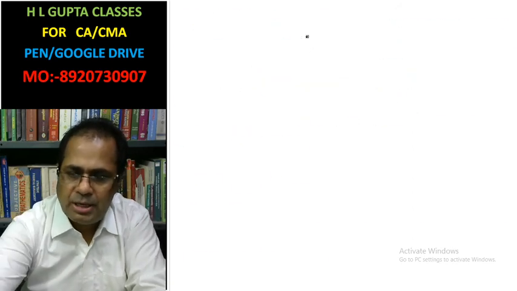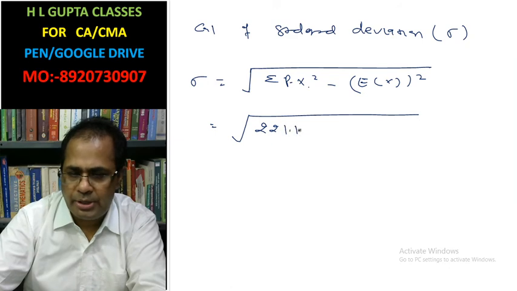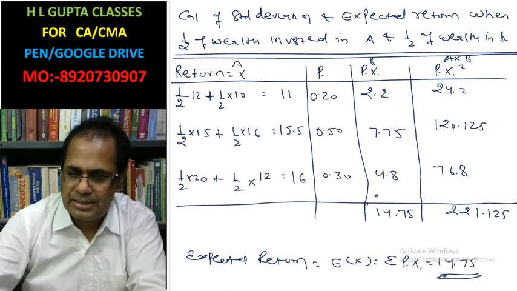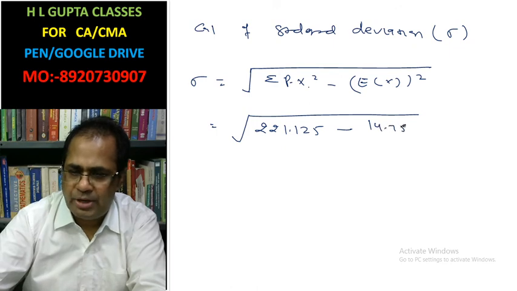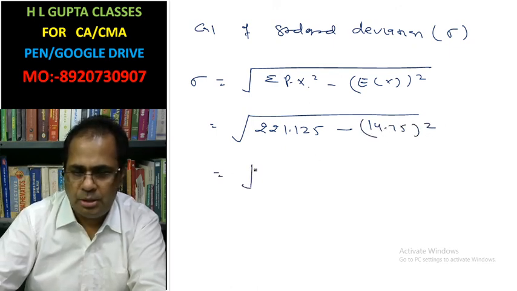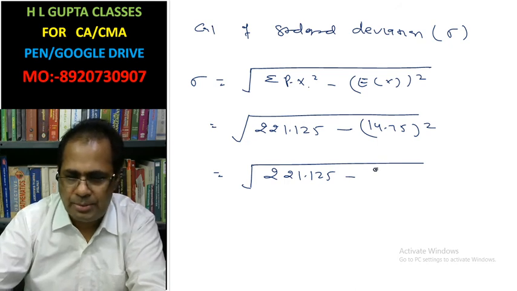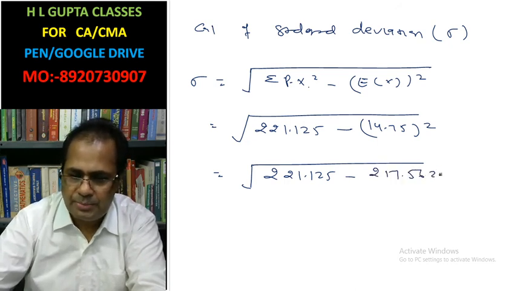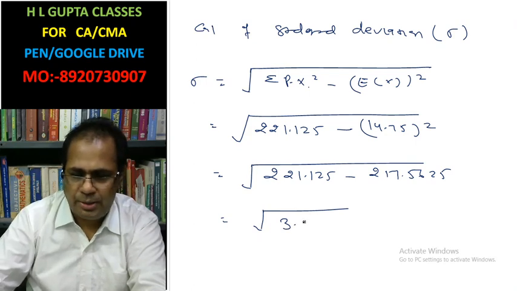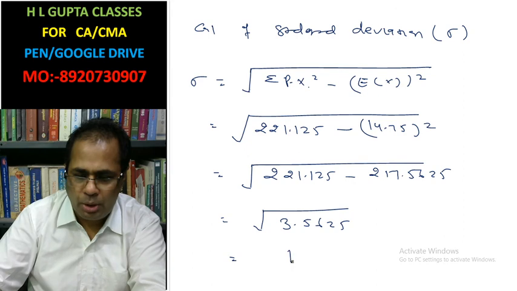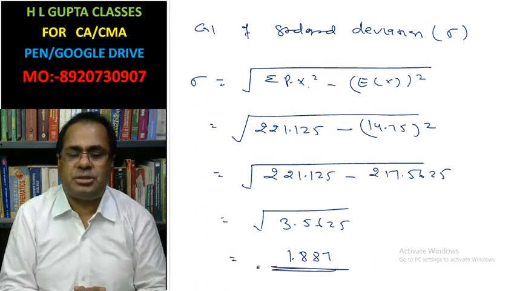What is this PiXi squared? It is 221.125 minus 14.75 whole squared, and 221.125 minus 217.5625 ultimately becomes 3.5625, and this becomes 1.887. Okay, this is the standard deviation, 1.887.